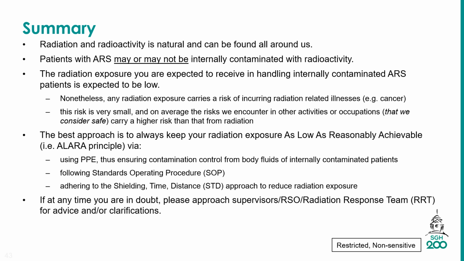In summary, radiation and radioactivity is natural and can be found all around us. Patients with acute radiation syndrome may or may not be internally contaminated with radioactivity. The radiation exposure you are expected to receive in handling internally contaminated ARS patients is expected to be low.